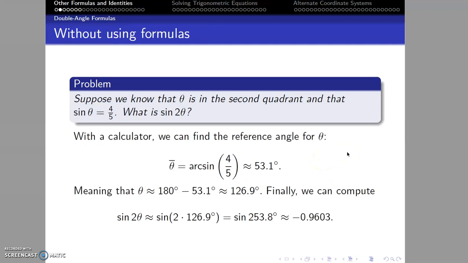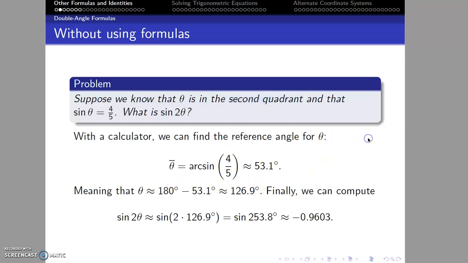That said, though, we don't necessarily have to have more formulas if we don't care about exact answers. If we allow for rounding error to creep in, then we can use a calculator to find arcsine of 4/5. We'll get about 53.1 degrees. And so recognizing we're in the second quadrant, the corresponding angle theta is 180 minus that.